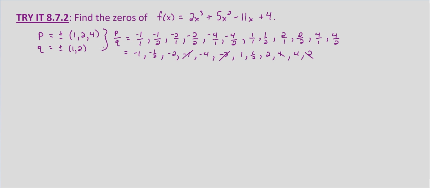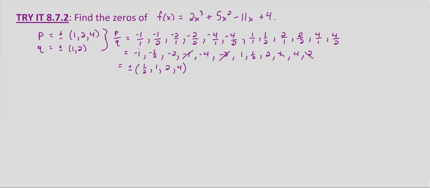And then if we write that out in order, I'll just write it out as plus or minus 1/2, 1, 2, or 4. We could have just done the plus or minus up here. I was just writing them all out so you could see where the actual possible rational zeros were coming from.